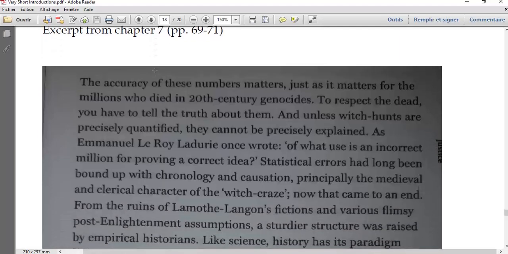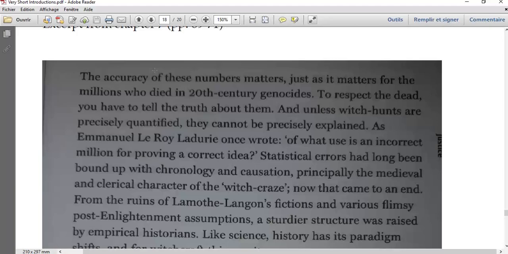In chapter 5, entitled Justice, Malcolm Gaskill treats or questions a different aspect, which is, among other things, if it can be said that people tried and accused of witchcraft and quite often condemned to death because of witchcraft can be considered as victims or not, and of course, essentially, how many people died.